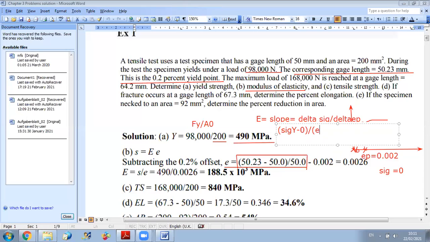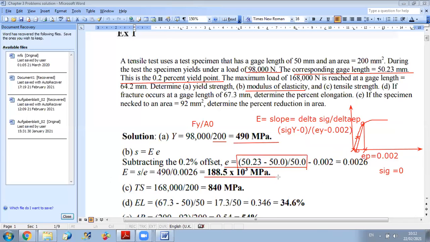Okay, so it's epsilon yield minus epsilon of the start point, which is 0.002. Once I find epsilon at yield, I subtract from it 0.002, and then I divide sigma yield by this value. I get the elasticity modulus.